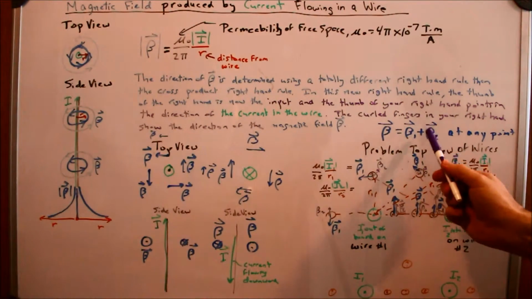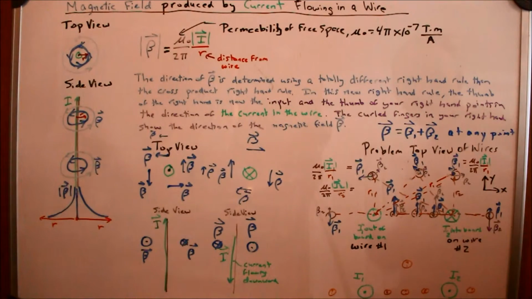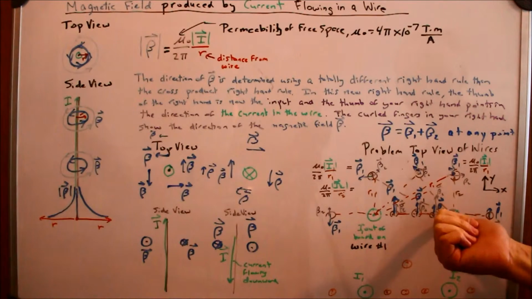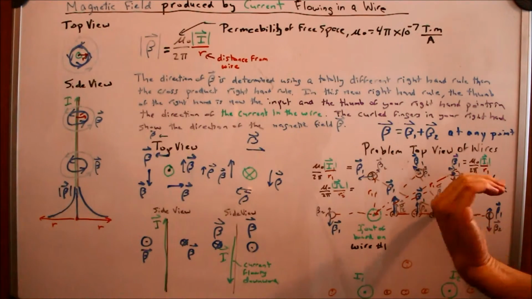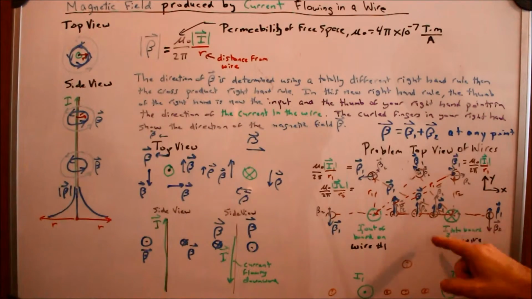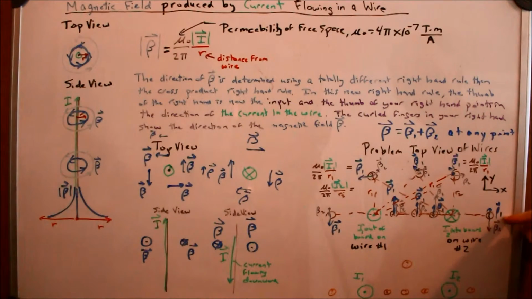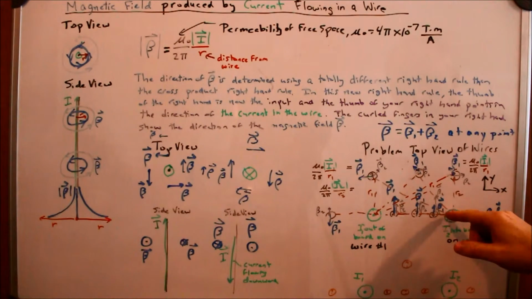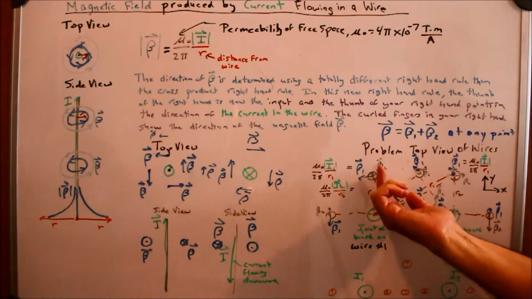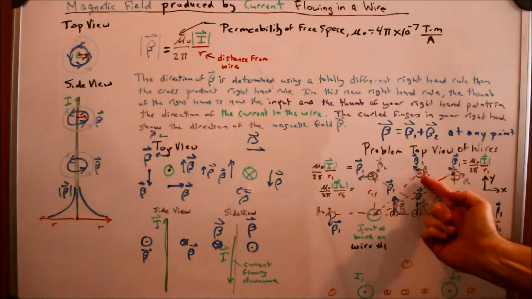Now that I've considered the magnetic field from the current flowing into the board, I put my thumb in the direction of the current flowing in, so the magnetic field is going to be spinning around this way around I2. So here at this point it's down, and then coming around here it's going to be up, and it's vectorially perpendicular to this distance.